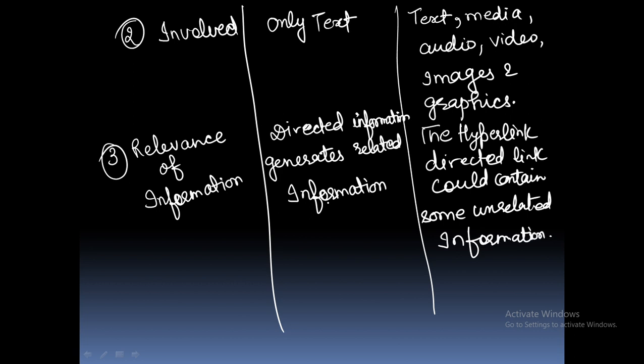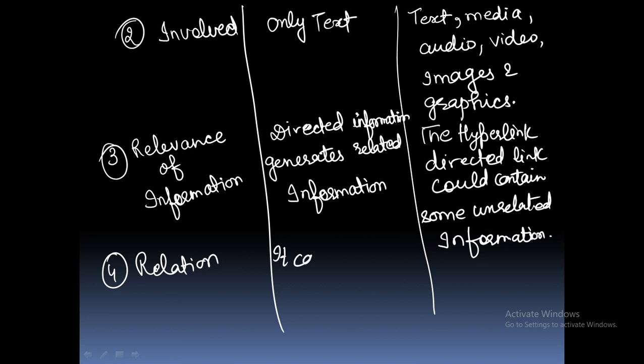Means in hypertext, information generates related to information, but on the other side, in hyperlink directed link could contain some unrelated information.